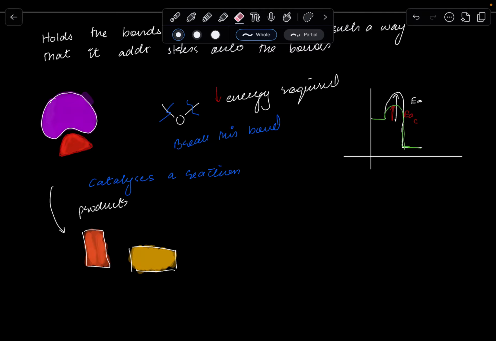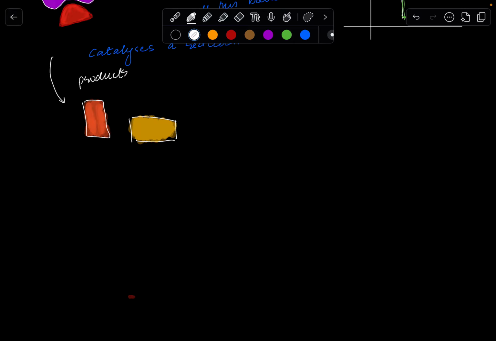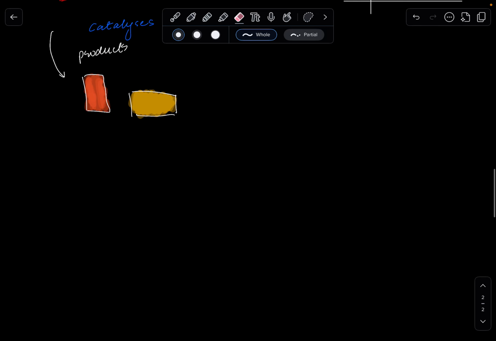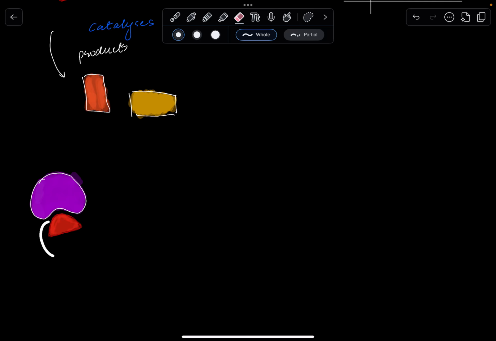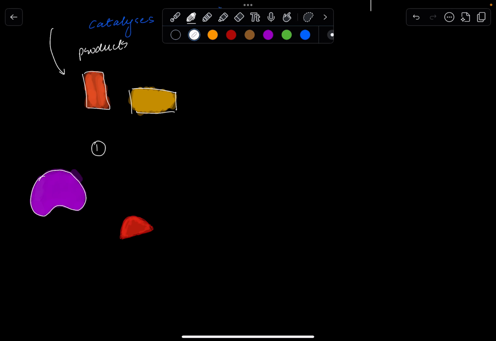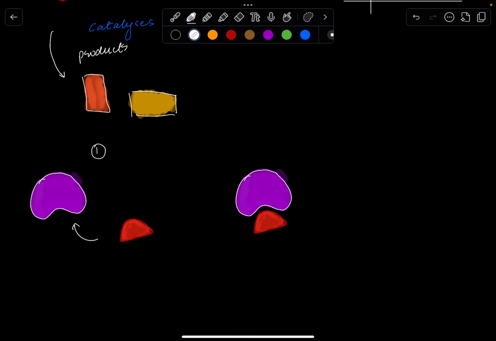And so when I think of these steps, I can think of explaining all of this in terms of maths. So let's say step number 1, substrate binding the enzyme. Step number 2, the enzyme substrate complex forming.